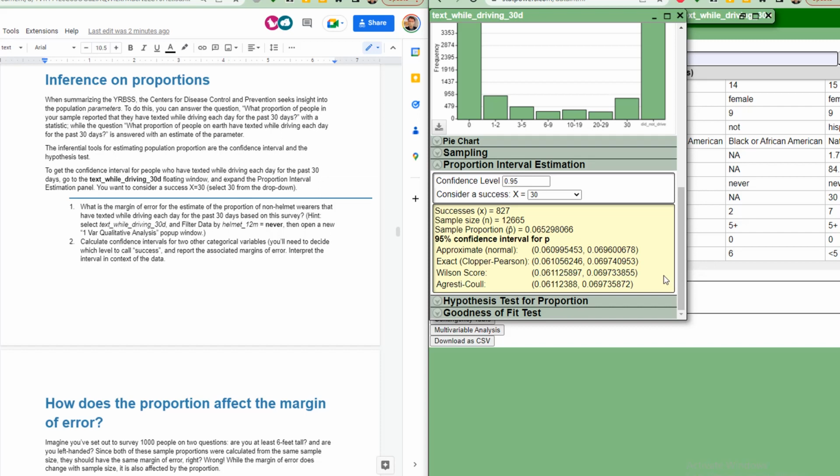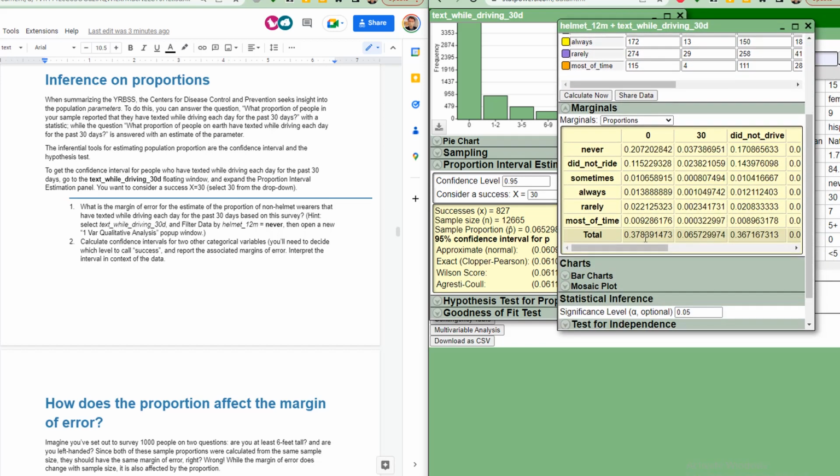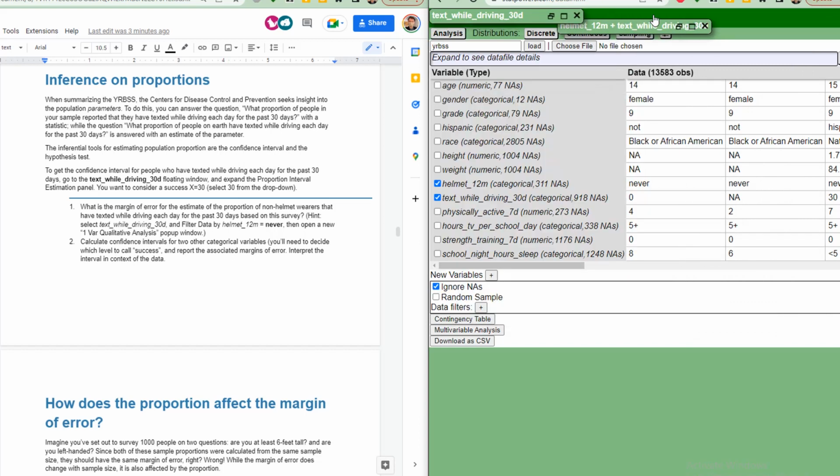Now, let's look at another question, which is, for those who don't wear helmets, what's the proportion of people who text while driving? Let's go back to our population, and I'm going to do a little filtering.